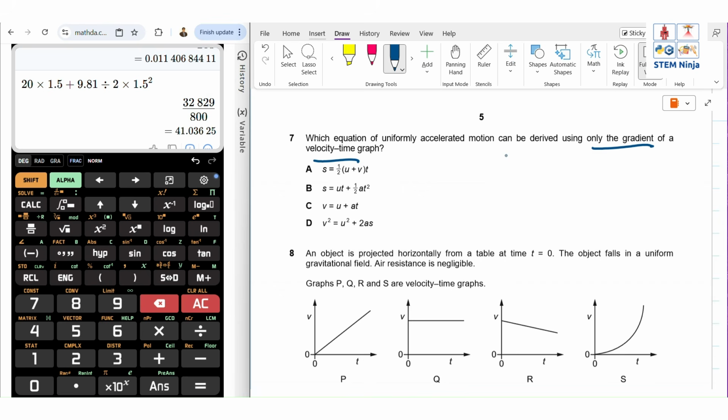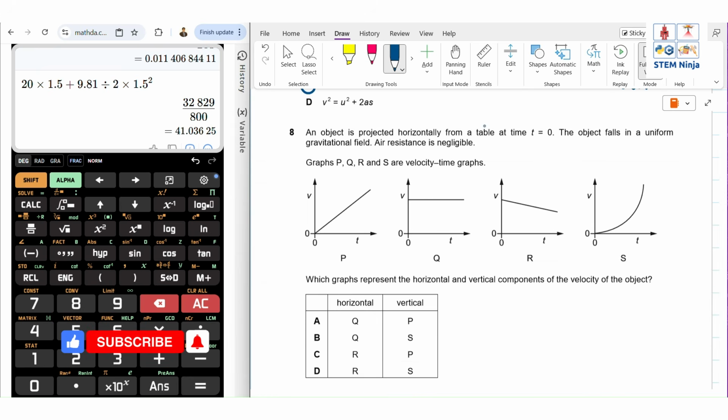So the gradient of velocity time graph gives us change in velocity over change in time. So basically this is like v minus u over t, which is equal to a. So if we cross multiply, this becomes v is equal to u plus at. So C is the right answer.